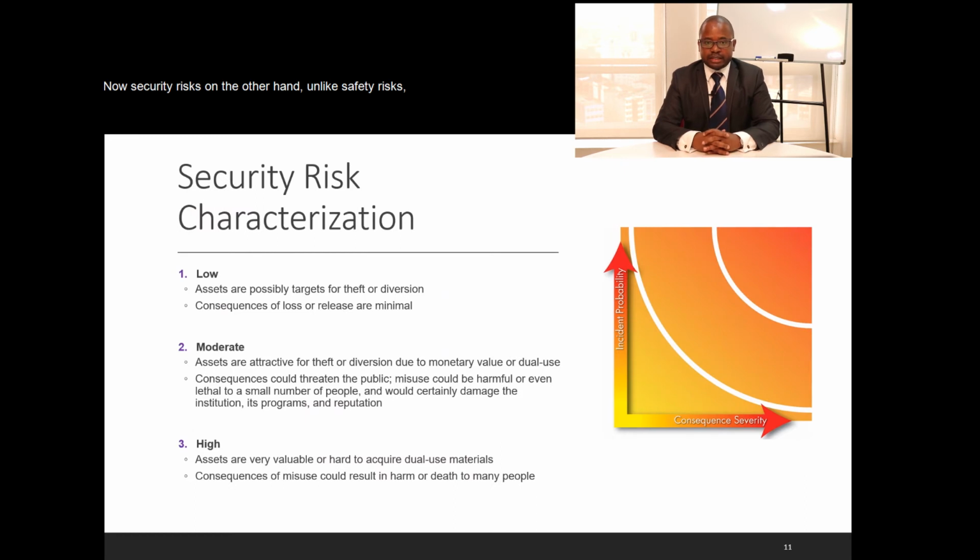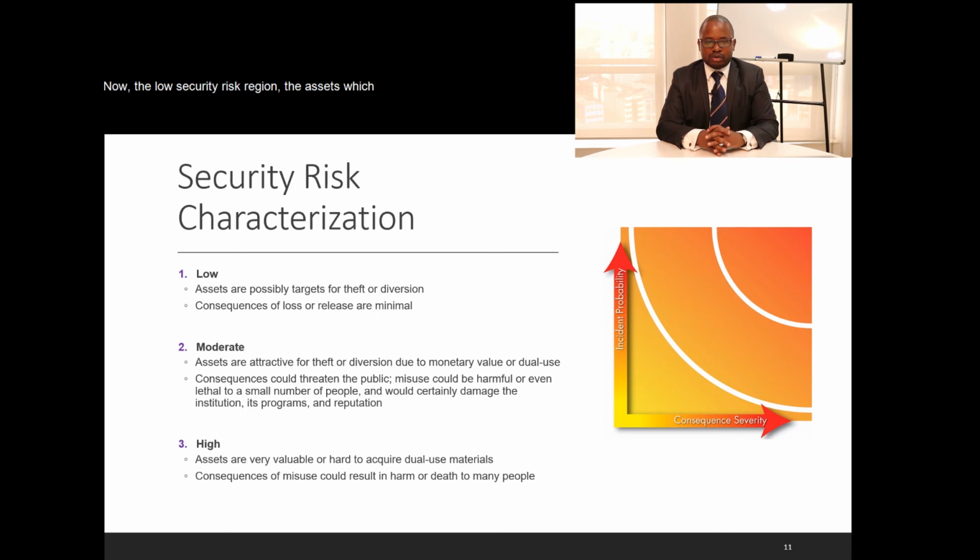Now, security risks, on the other hand, unlike safety risks, are focused on protecting our chemicals from threats. Threats are people who would want to take the chemicals and use them to harm others.